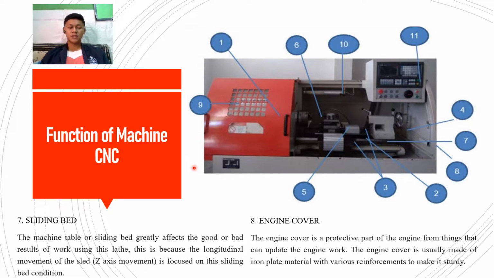This is because the longitudinal movement of the sled, that axis movement, is focused on this leading bed condition. Eight, engine cover. The engine cover is a protective part of the engine from things that can upset the engine work. The engine cover is usually made of iron pipe material with various reinforcements to make it steady.